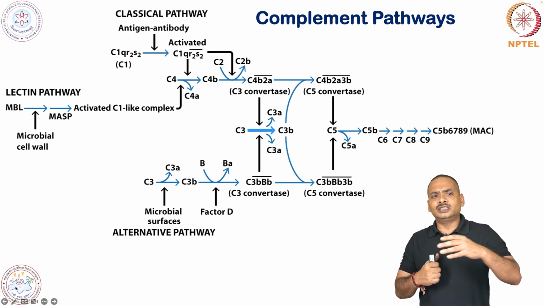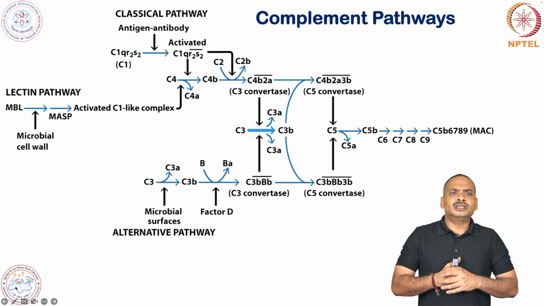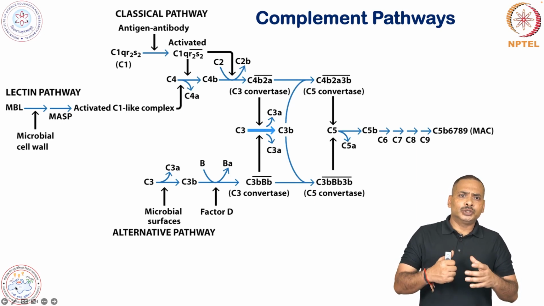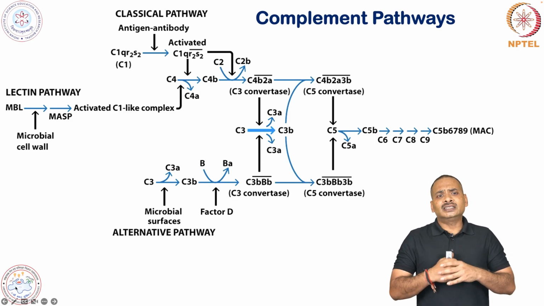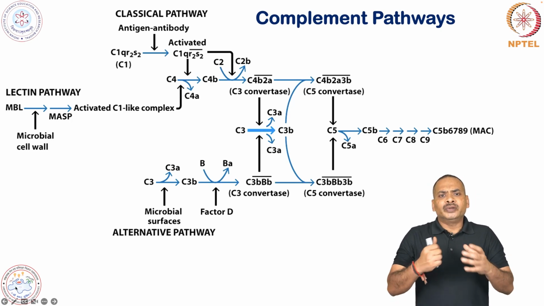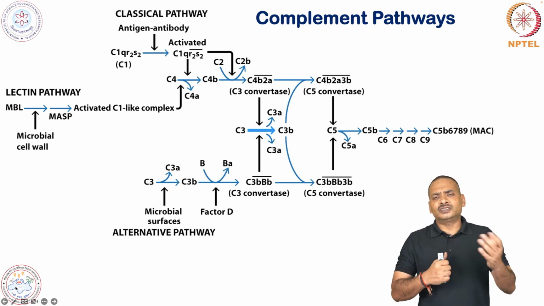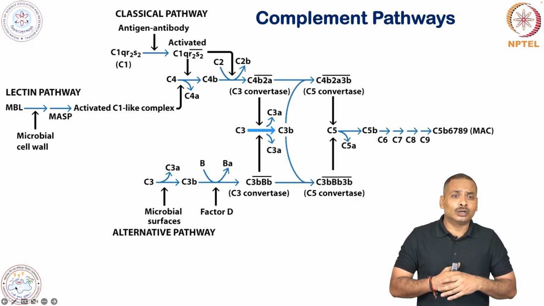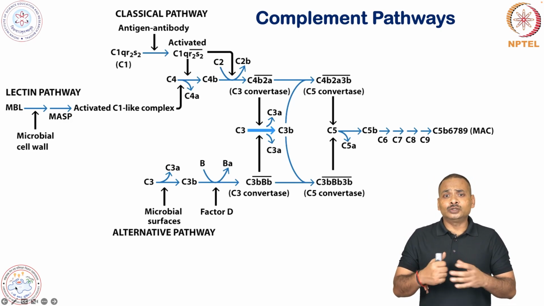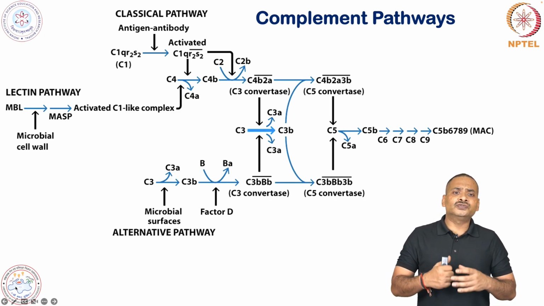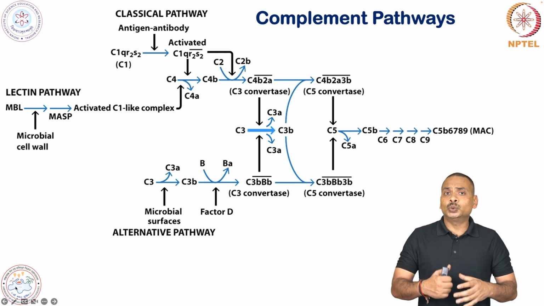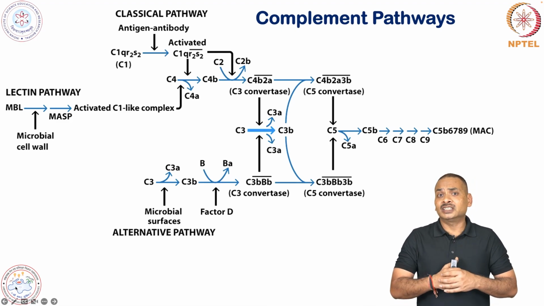In the case of the classical pathway, C1q-R2S2 interacts with the antigen-antibody complex, and then makes a C3 convertase after cleavage of complement C4 and complement C2, eventually resulting in the formation of C4b2a. This has C3 convertase activity.